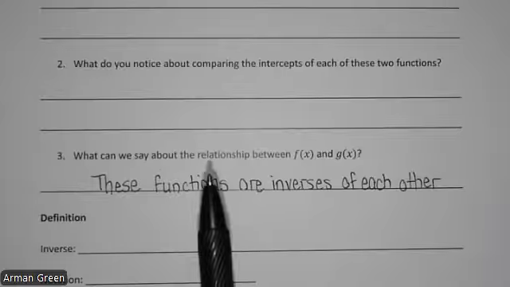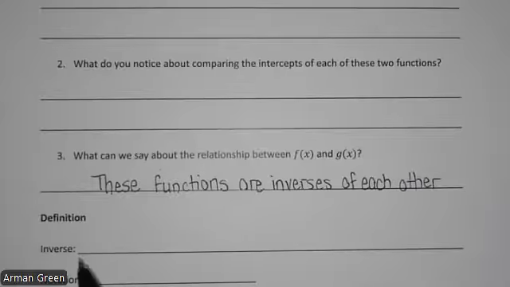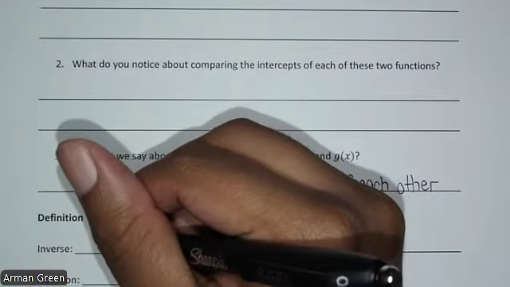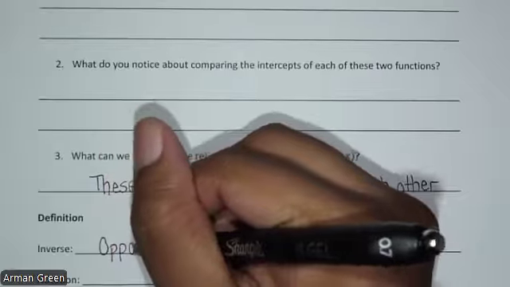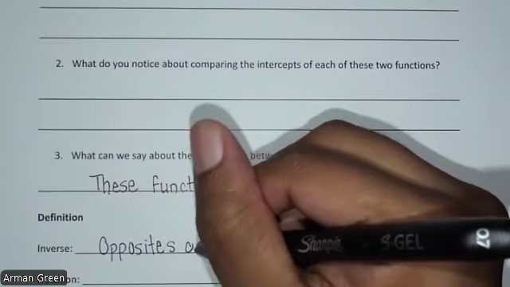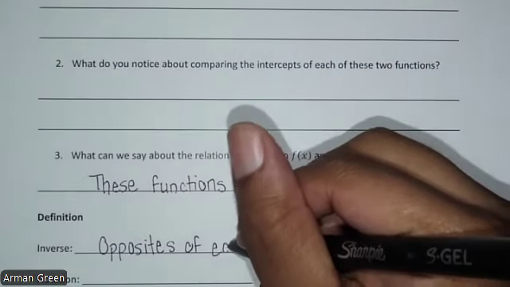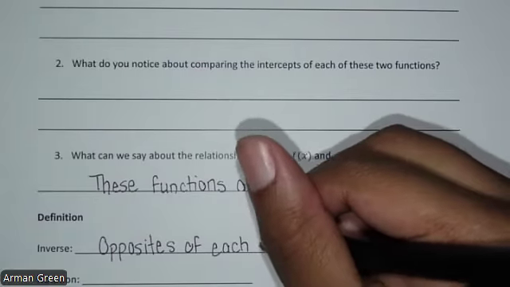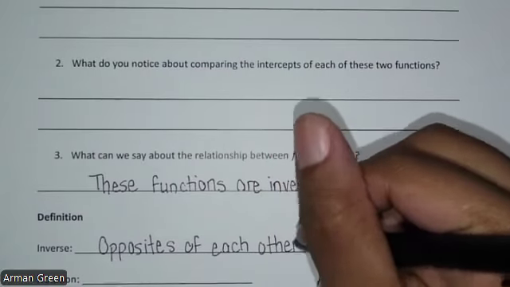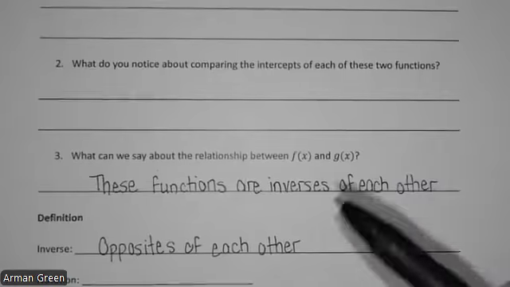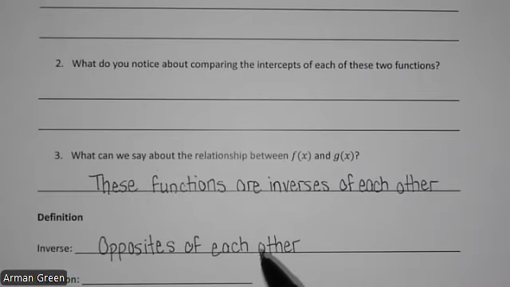You might have heard this word in Algebra 1, or in geometry. Inverse is just a mathematical word for saying opposite. So when we say one function is the inverse of another, that means that it's just the opposite. Okay? So that's basically what we mean when we say inverse.